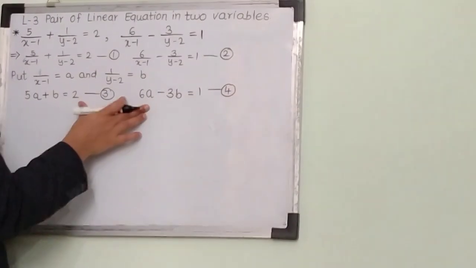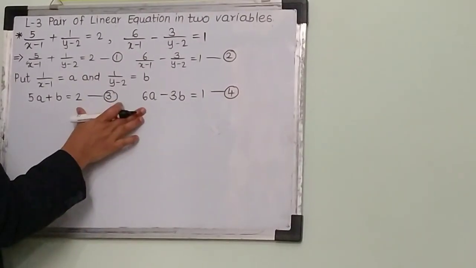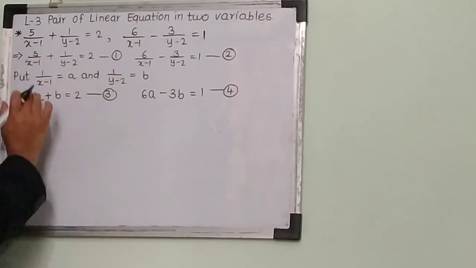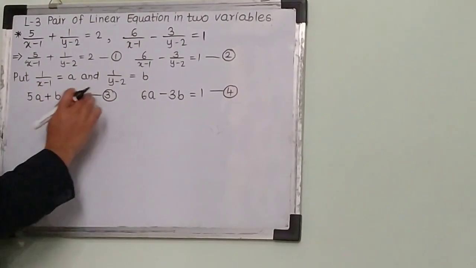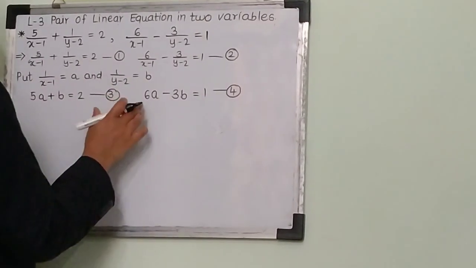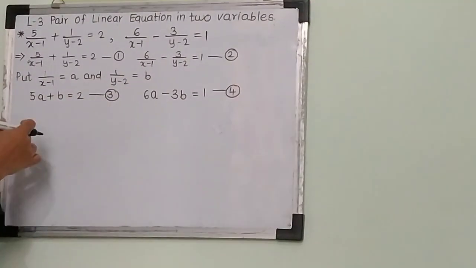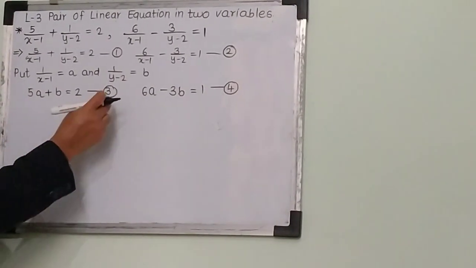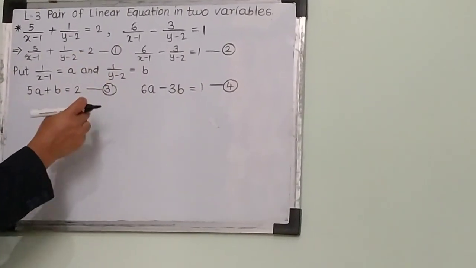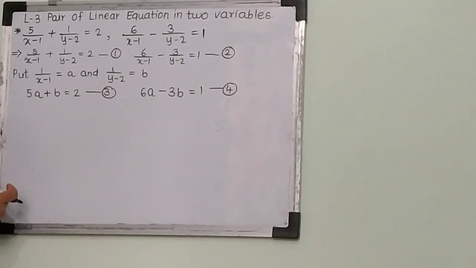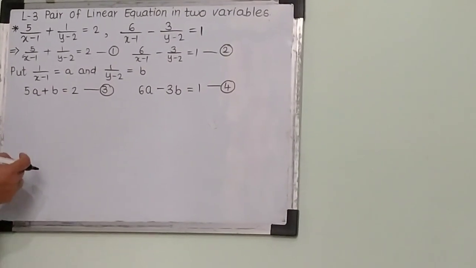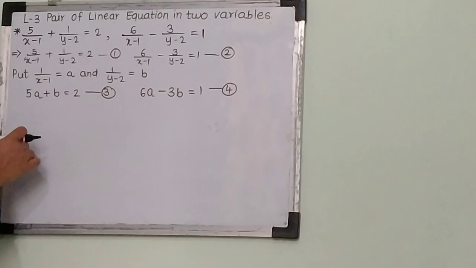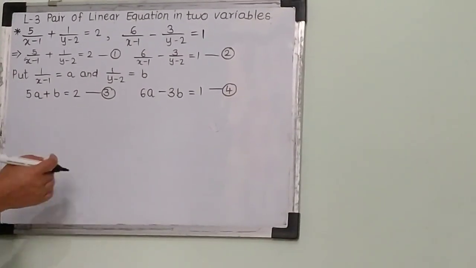Now both these equations are in the form of pair of linear equations. So we can solve both the equations by using any one of the methods that we learned, that is substitution method, elimination method, or cross multiplication method. Here I am going to solve these equations by using the elimination method.